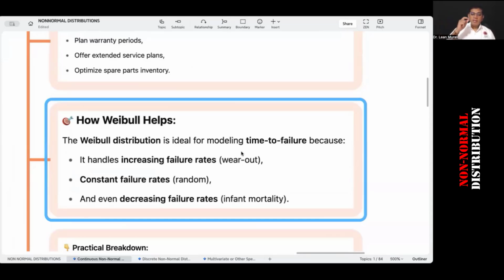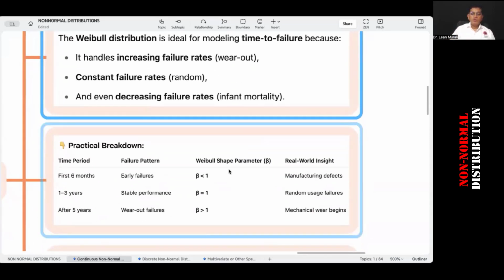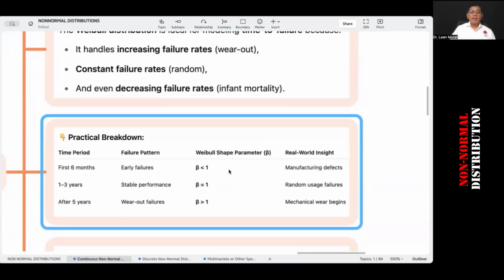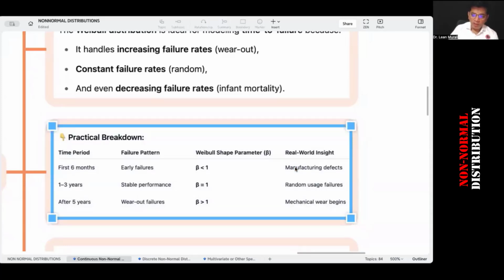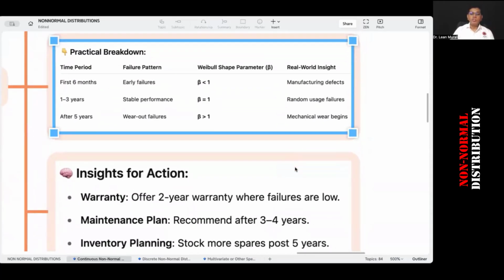It handles increasing failure rates, that is the wear out, constant failure rates, which is random, and even decreasing failure rates, like infant mortality. So a practical breakdown: time period, failure pattern, Weibull shape parameter, which is beta, and the real world. All this is something that you can learn further when you apply this distribution.